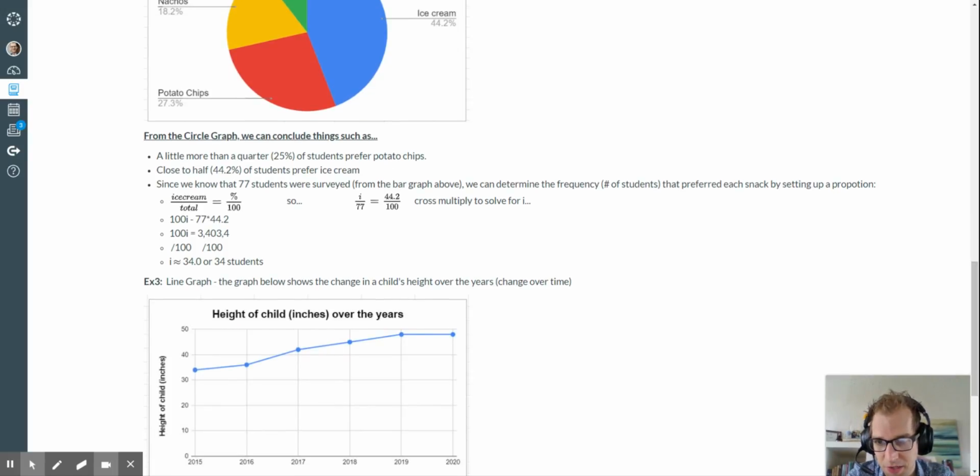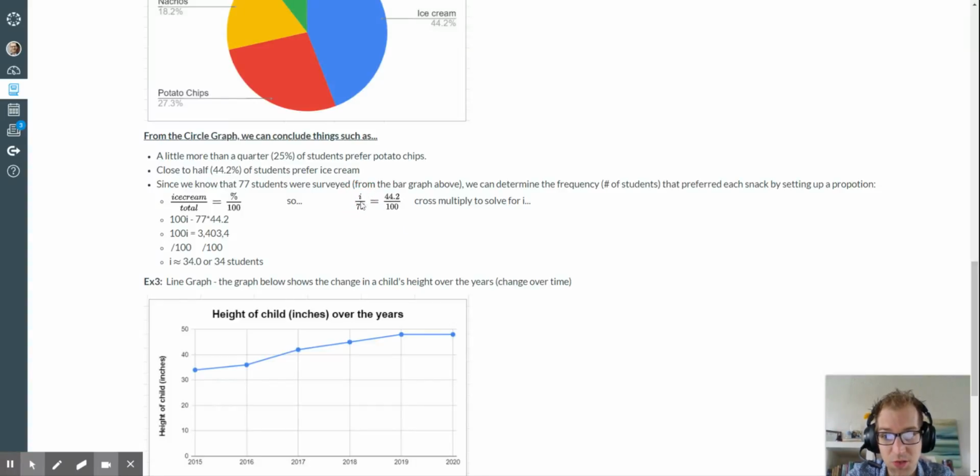And then there's some other things here we can figure out as well. Using that little formula, you can actually figure out how many students liked a certain thing. So here, for example, we've got the ice cream over the total equals the percentage over 100. So if we want to use I here as our X, our variable here.